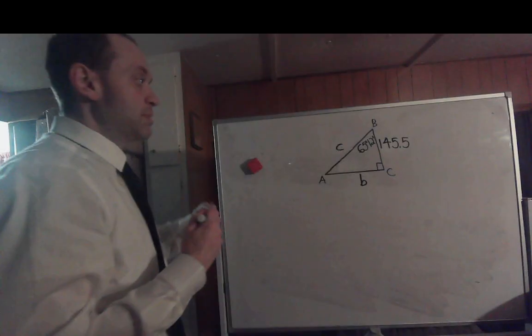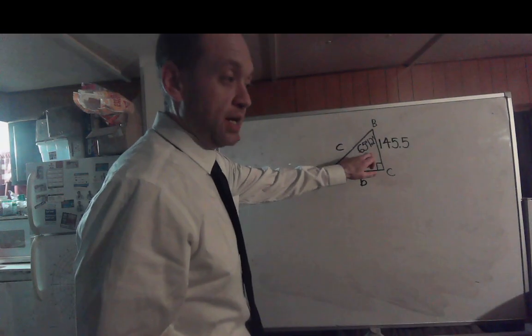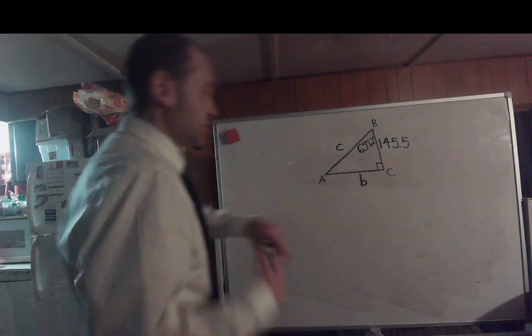Alright, here's side C. Let's see what we got for the last one. Angle B is equal to 65 degrees and 12 minutes. Side A is 145.5 units. So once again, we have a degree measure and a side. Well, since angle B's in degrees and minutes, we should probably convert this into just degrees.